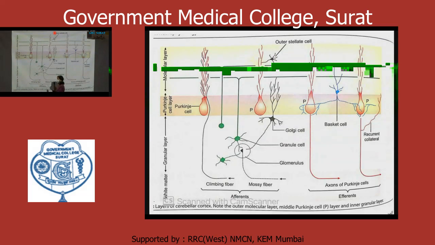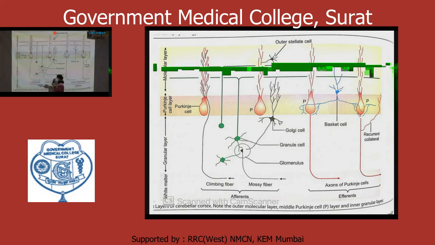These climbing fibers are responsible for learning repetitive motor activity, like when you are juggling balls with 3 balls, or when you are skipping. To learn repetitive motor activity, these climbing fibers are responsible.